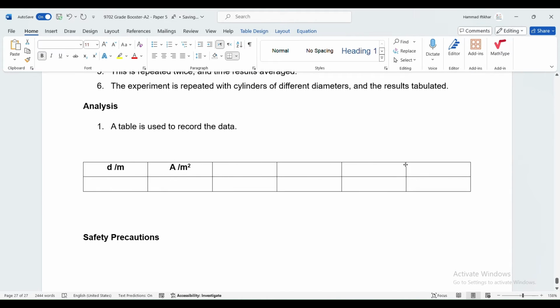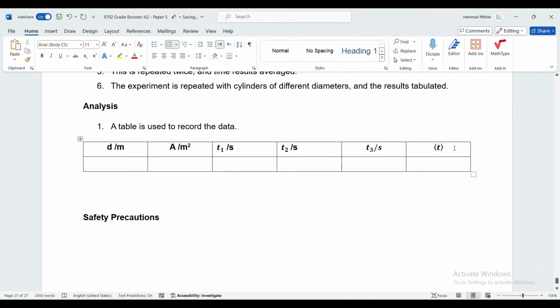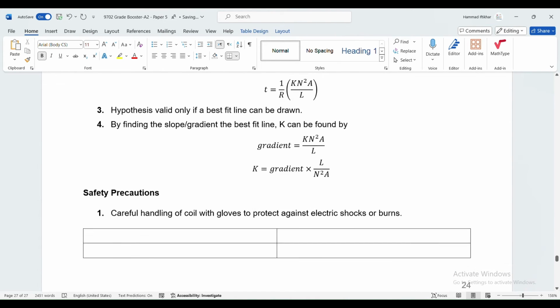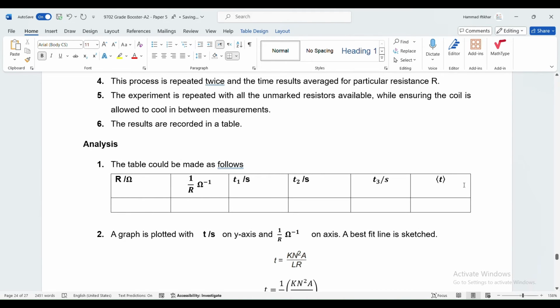Because we're just averaging the time, so first reading, second reading, third reading, and the average time. And then we will have different diameters and the same process repeated. And this is also in seconds, by the way. Sorry, let me go back and correct that one also. This is in seconds also.